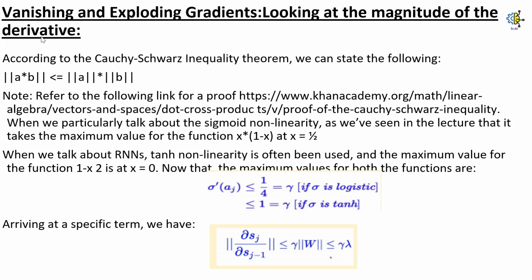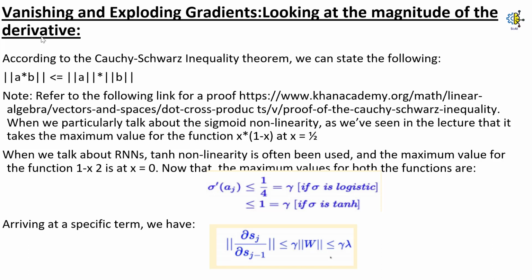Looking at the magnitude of the derivative, according to the Cauchy-Schwarz inequality theorem, we can state the following. Note, refer to the following link for a proof. When we particularly talk about the sigmoid nonlinearity, as we have seen in the lecture, it takes the maximum value for the function x multiplied with 1 minus x at x is equal to 1 by 2.